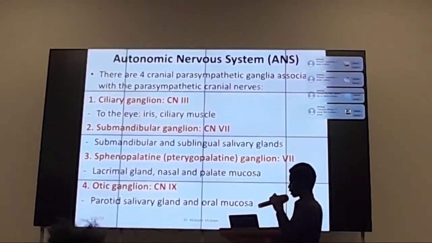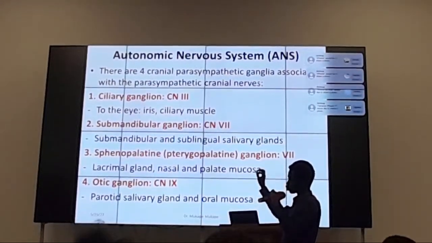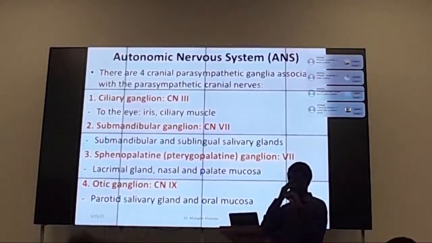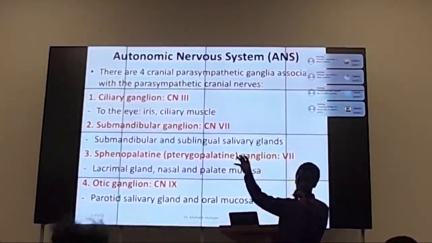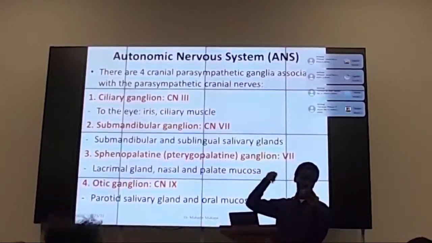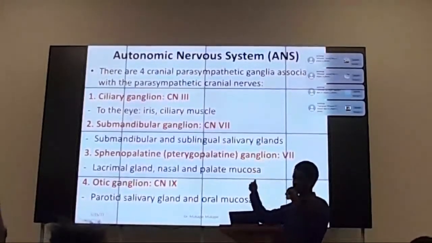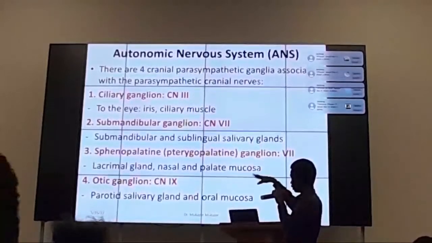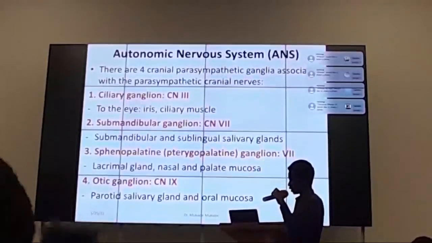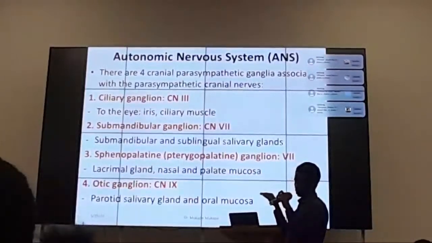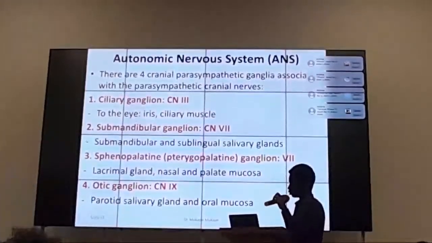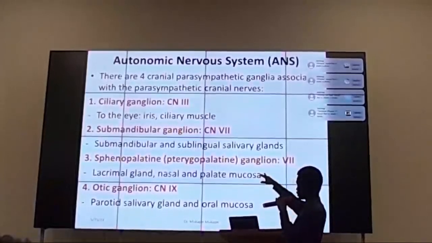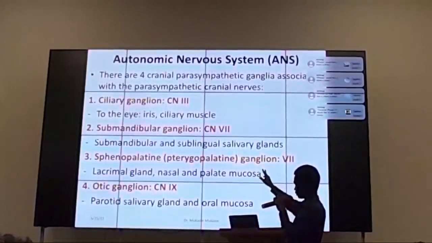So it means parasympathetic fibers, that's where they go to synapse. Those from the oculomotor, facial, glossopharyngeal, and vagus go and synapse in these ganglia. They don't synapse in the sympathetic chain, no. To the eyes, ciliary ganglion.